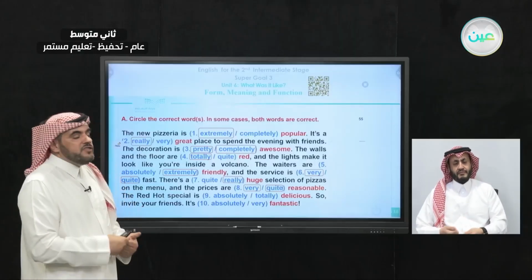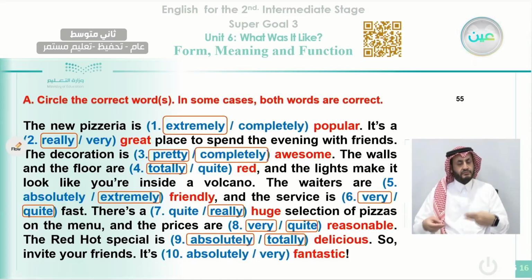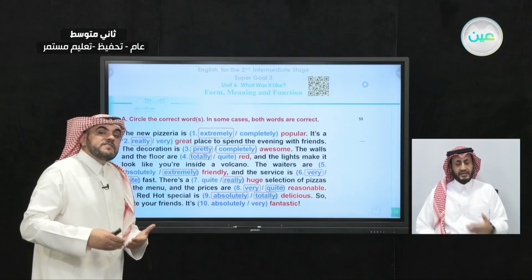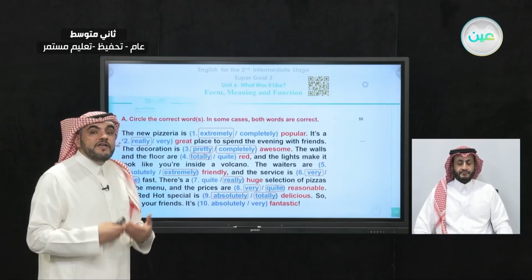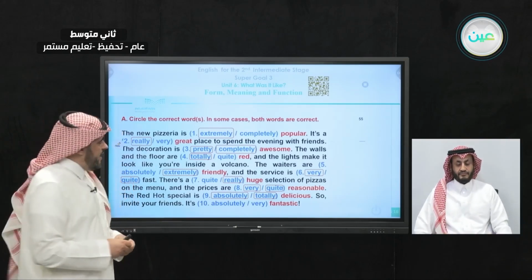Reasonable is a weak adjective, so we can use very or quite. The red hot special is, we can use both here, absolutely or totally delicious. Delicious, as we said, is the strong adjective of tasty. Tasty is a weak adjective. Delicious is a strong adjective.